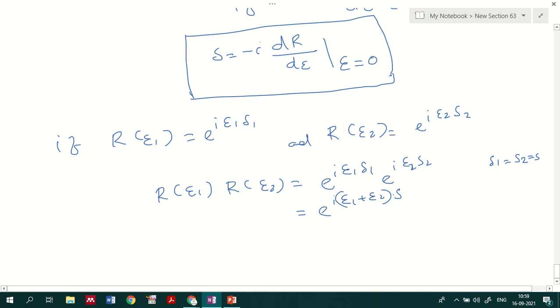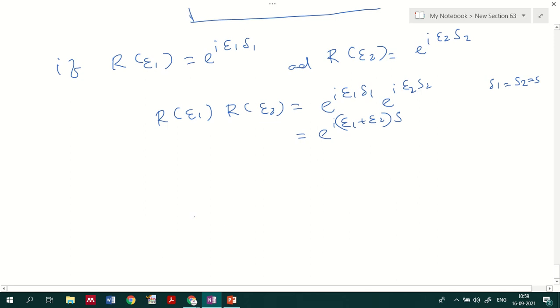So R of epsilon 1 into R of epsilon 2 is equal to R of epsilon 1 plus epsilon 2.